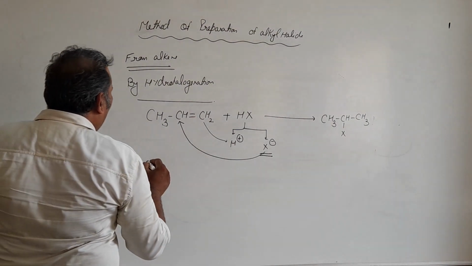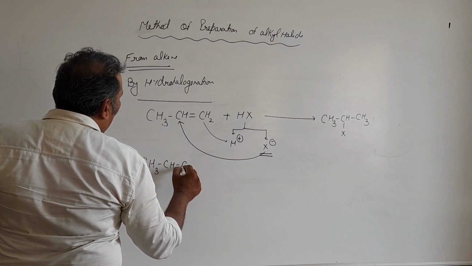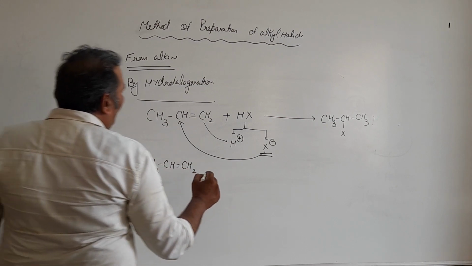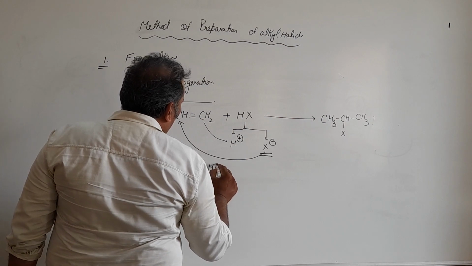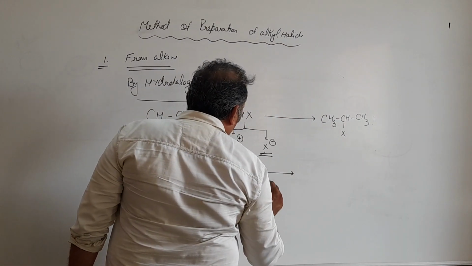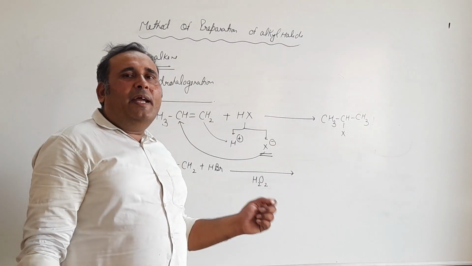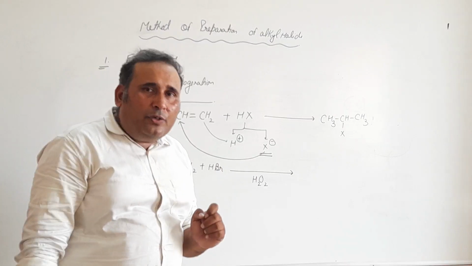But if we are taking HBr in the presence of peroxide, then what will happen? Then we have to consider the anti-Markovnikov rule.